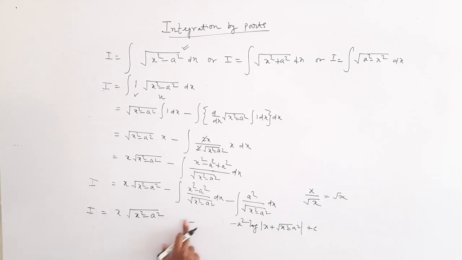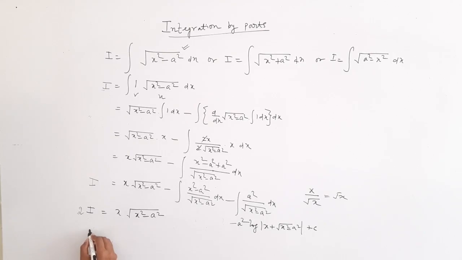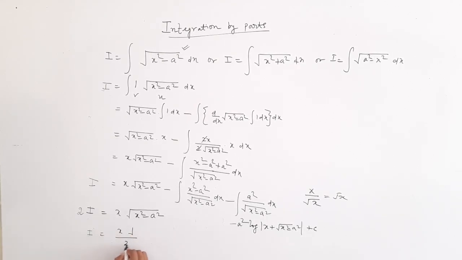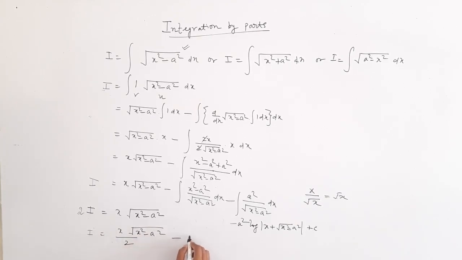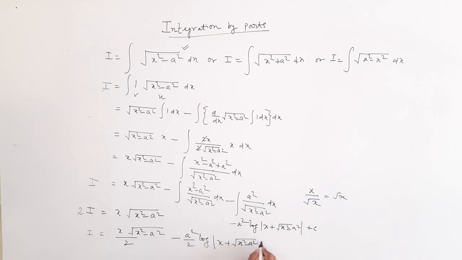So I is x over 2 under root x square minus a square minus a square by 2 log mod x plus under root x square minus a square plus c. So this is the answer of this particular form.